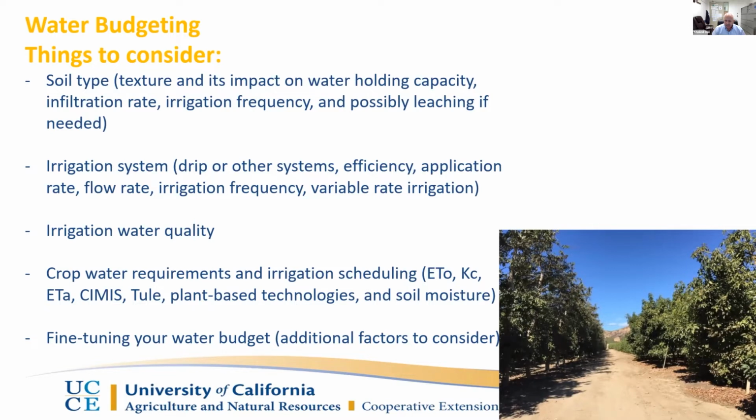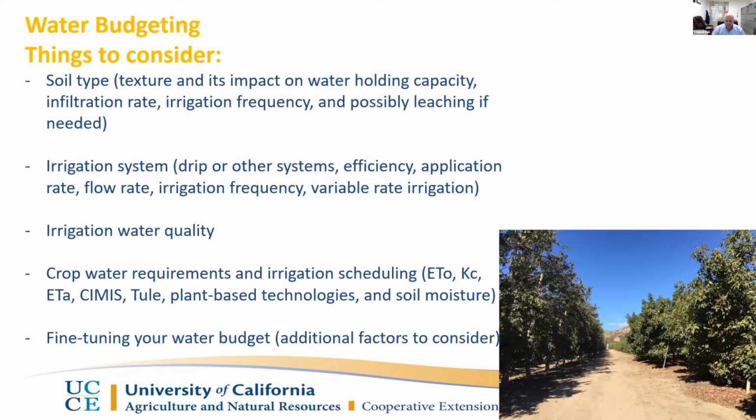Another thing that is important is that the soil type will have an impact on leaching. If we have an excessive amount of salt in the irrigation water or in the soil itself, we will be able to determine how often to leach based on the soil type and what type of irrigation system, whether we need sprinkler irrigation or flood irrigation to leach, depending on other factors like slope and so on.